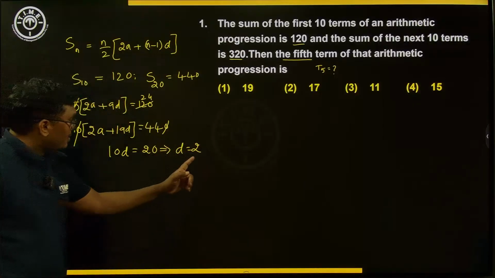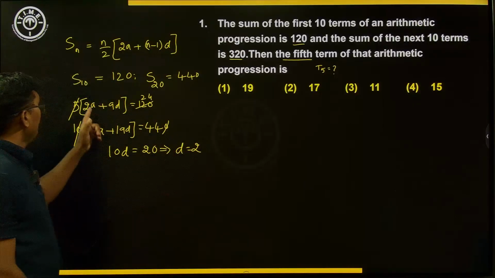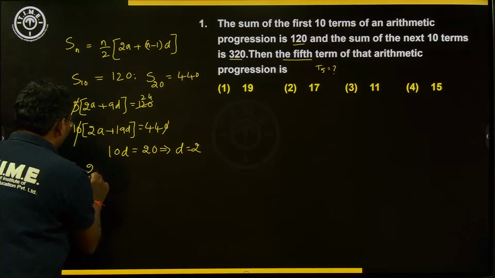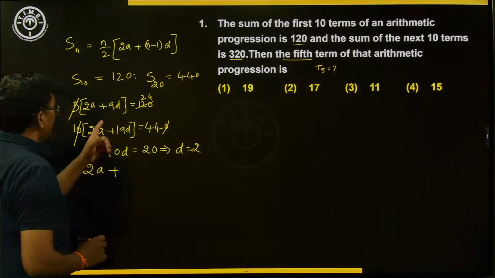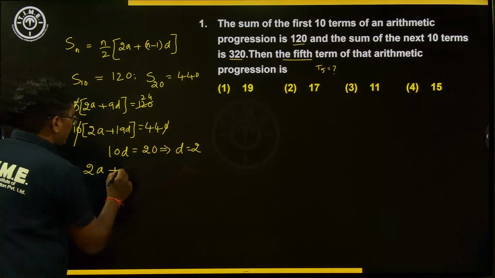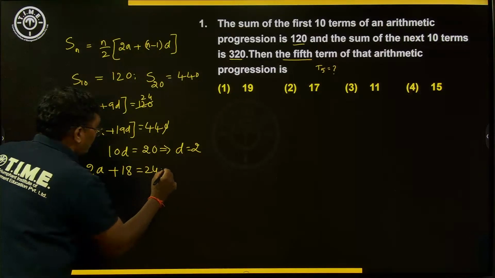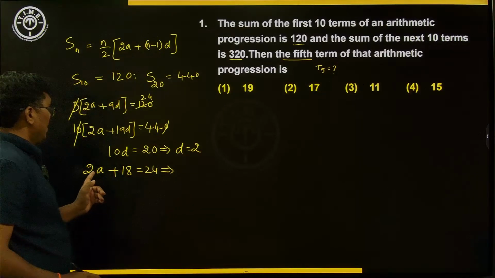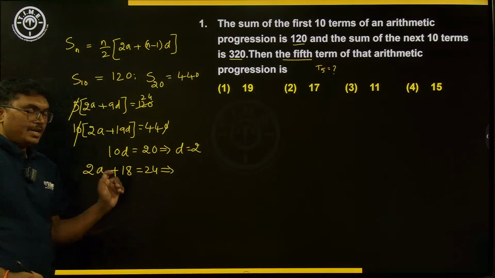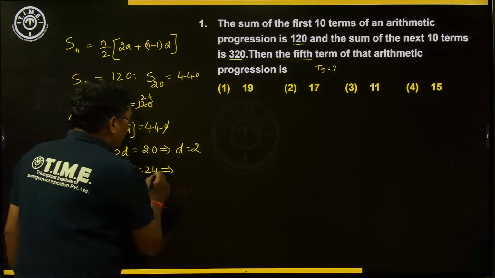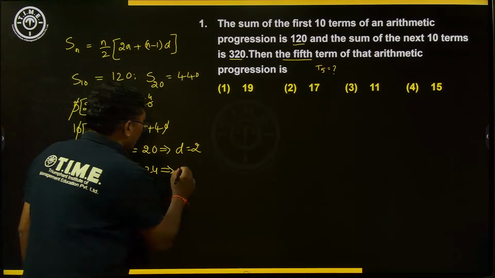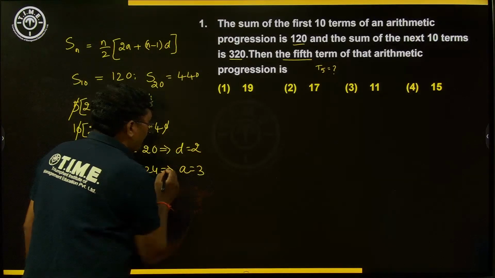If you substitute the d value in the first equation, 2a plus 9 into 2, that is 18, is equal to 24. So 2a is equal to 24 minus 18, that is 6. 2a is equal to 6, a is equal to 3, right?